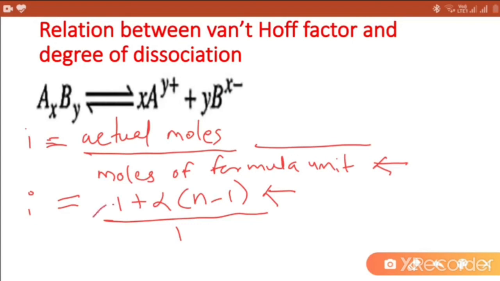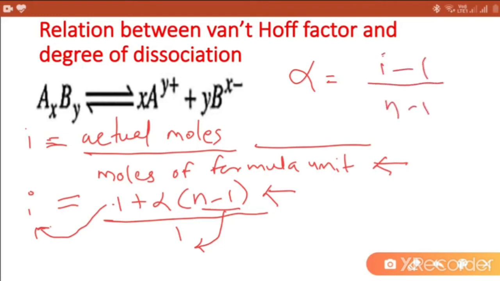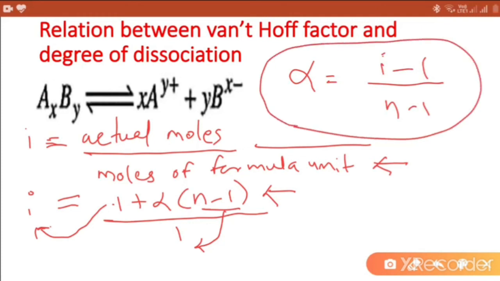By transferring this 1 and n minus 1 to the left hand side, we get this equation: alpha is equal to i minus 1 divided by n minus 1, and this is the relation between Van't Hoff factor and degree of dissociation.